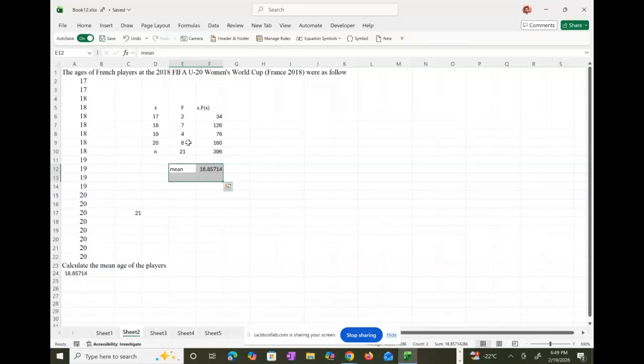If I would have made the classes for this one, then the result might have been different, maybe 18.8 or 18.23. It'll be similar, but it won't be exactly the same result. So that's how we calculate the answer by making the ungrouped frequency distribution table.